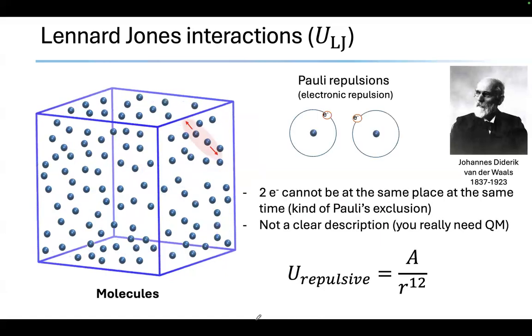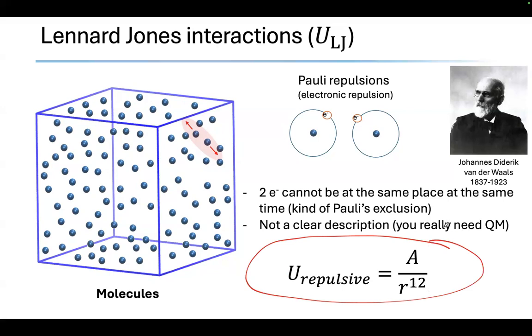No, because if the molecules come very close together, then at the quantum level the electrons will start to repel each other, which ultimately will repel the molecules apart. This repulsion is given by a standard power law, which is 1 over r to the 12.